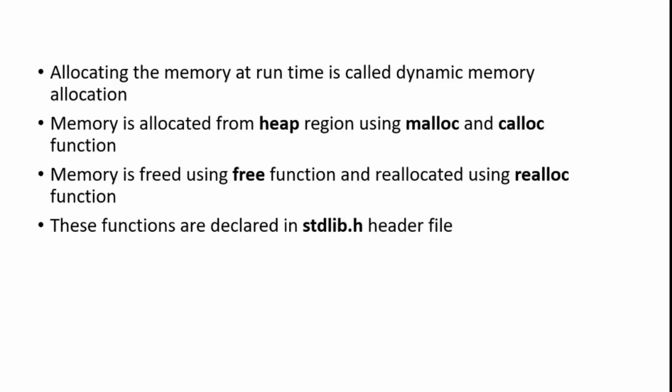There are two APIs, malloc and calloc, which are used to allocate the memory at runtime. If we want to free the memory allocated by malloc and calloc, we have to use the free function, and we can reallocate the memory using the realloc function. All these functions are declared in the stdlib header file.